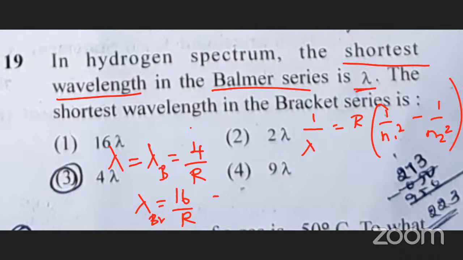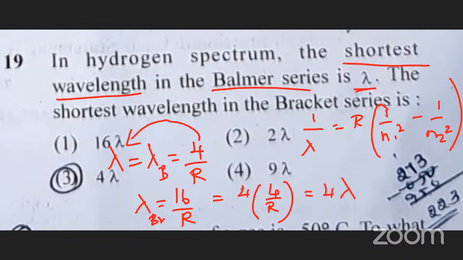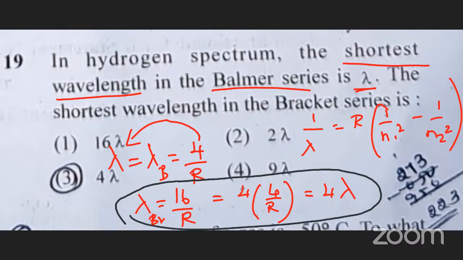So we can write 16 by r is equal to 4 into 4 by r. Instead of 4 by r, we can write lambda here. So it is equal to 4 lambda. The shortest wavelength of the Brackett series is equal to 4 times the shortest wavelength of the Balmer series. So this is the right option.